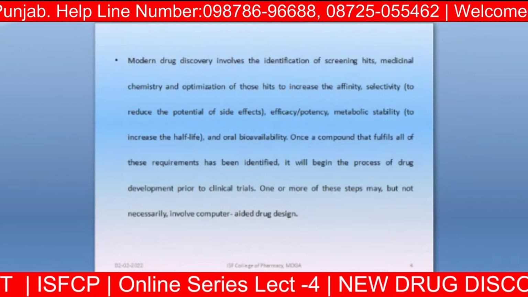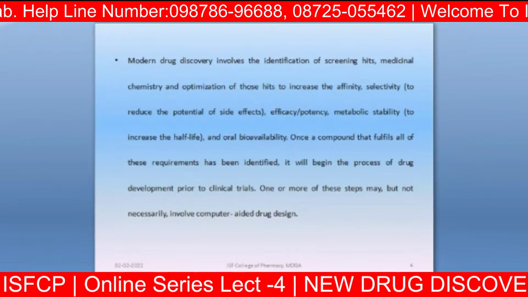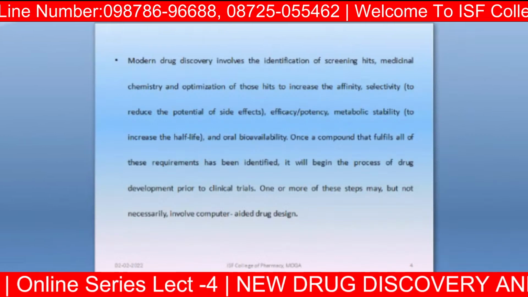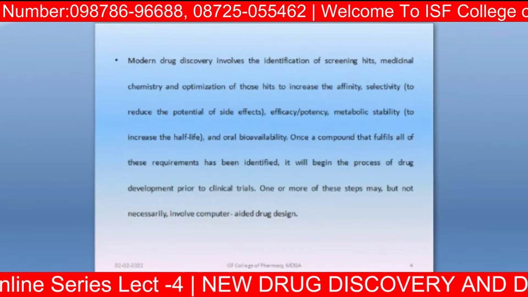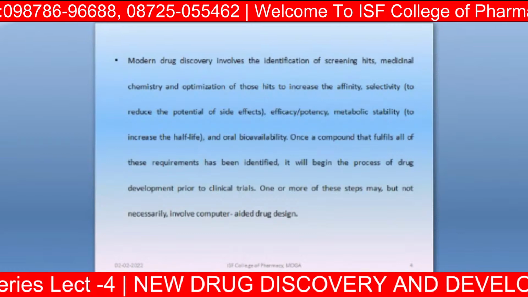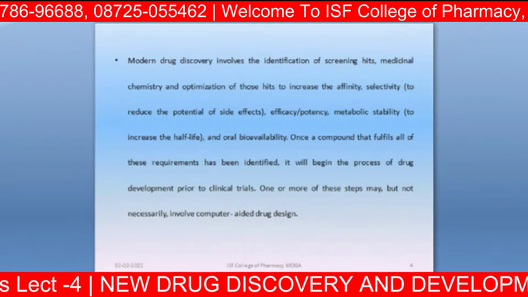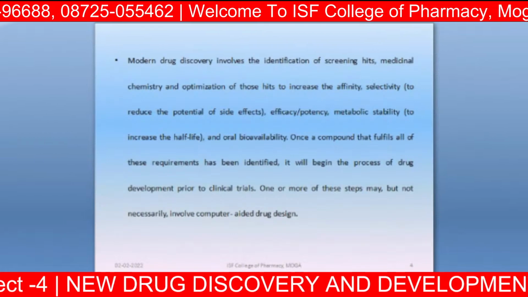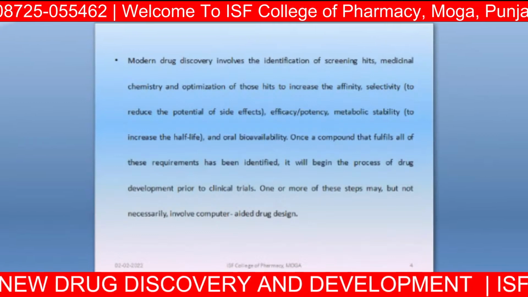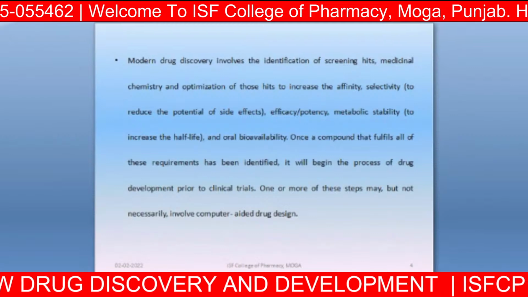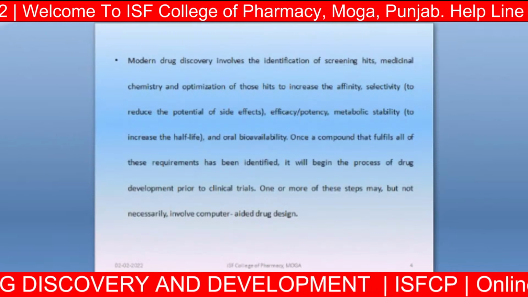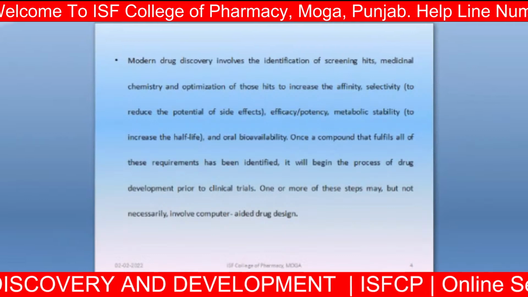If only 20% of that drug passes the blood brain barrier, it means the remaining 80% of the drug is available as unbound, with no attachment at the particular site. It means it is freely available in your blood, and there is no need for it in the body; the requirement is only to cross the blood brain barrier.